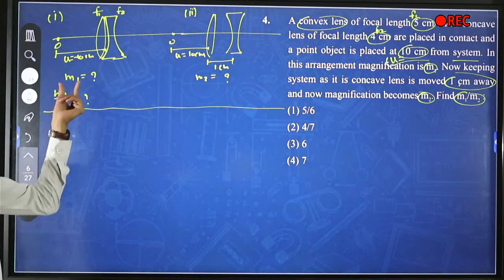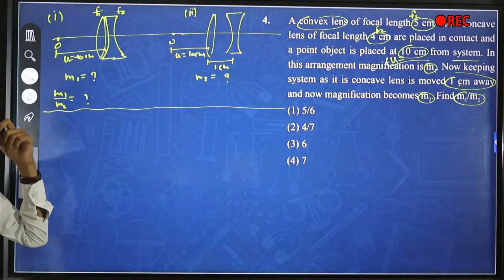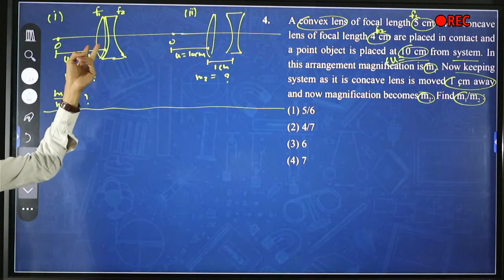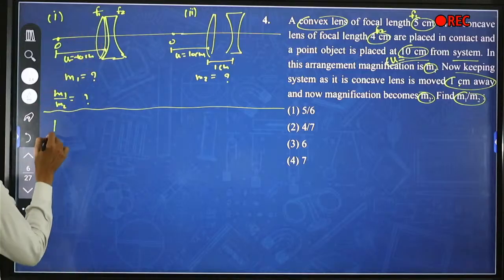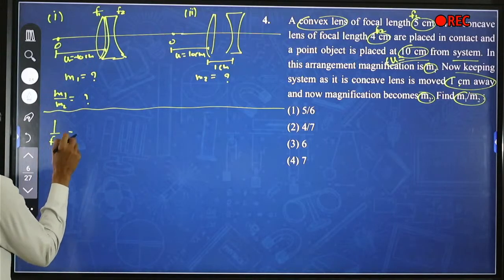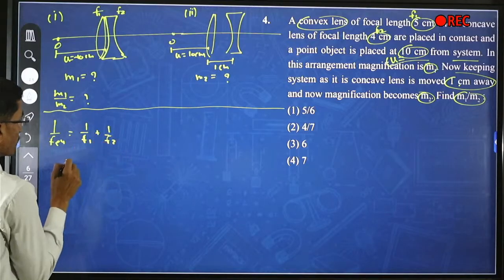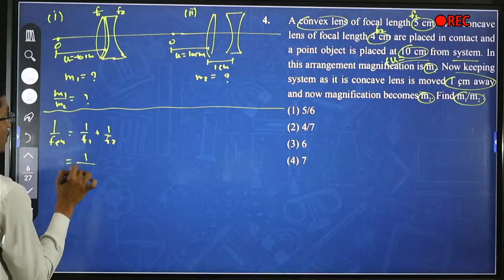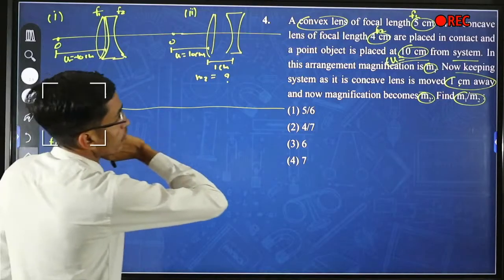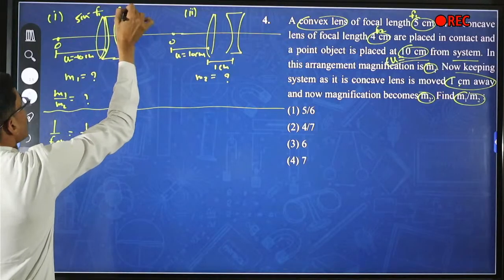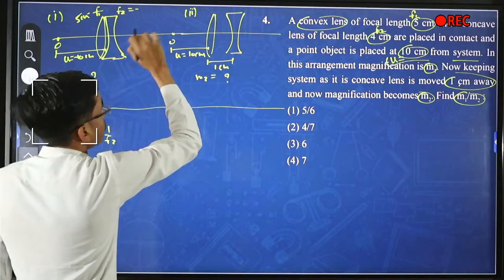First of all, we will find m1. Okay, what will be the value of m1? Here, both the lenses are in contact, so we can use the formula of F equivalent. 1 upon F equivalent is equal to 1 upon f1 plus 1 upon f2. The value of f1 is 5 cm and the value of f2 is equal to minus 4 cm.